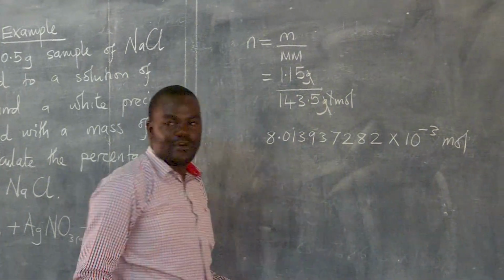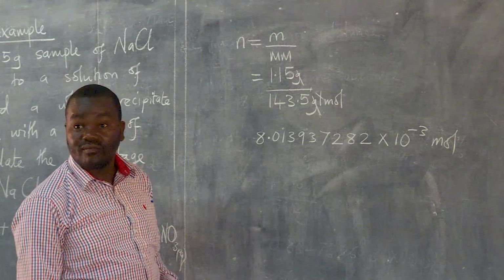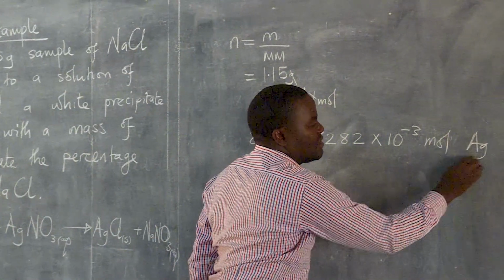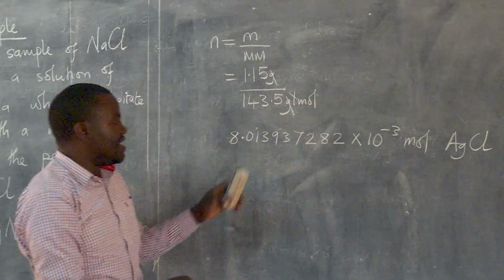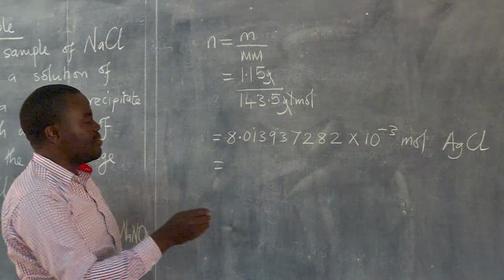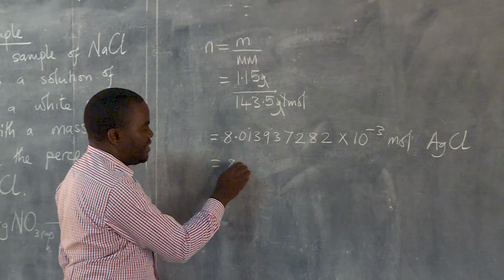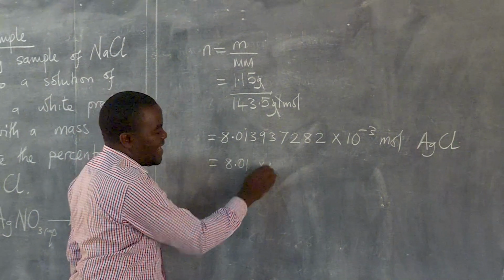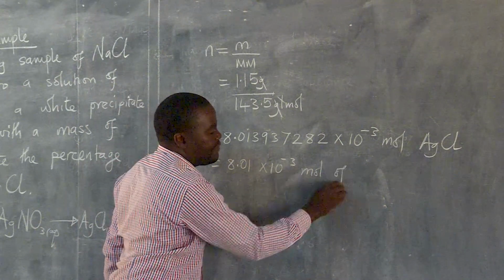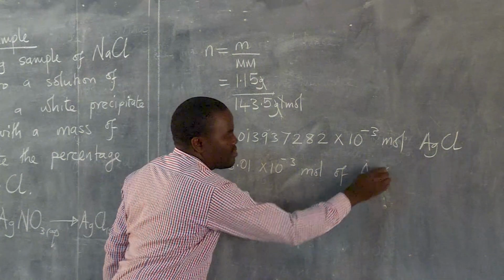These are number of moles for what? For silver chloride. Now, let's round this off. We leave it to 2 decimal places. So we say 8.01 times 10 to the exponent negative 3 moles of silver chloride.